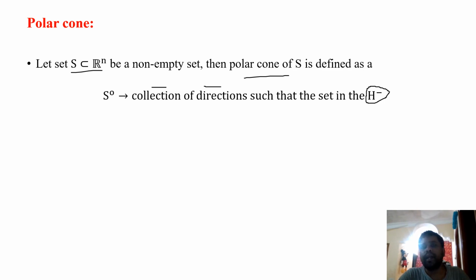Remember that in the last case I had mentioned that for the dual cone the set must be in the positive half space for the corresponding direction coming from the dual cone. But here, for the polar cone, the underlying set should be in the negative half space with respect to the direction coming from S naught. So this is the difference between the polar cone and the dual cone.